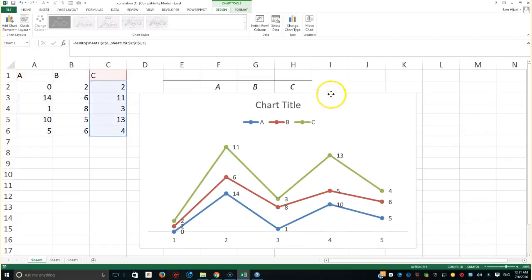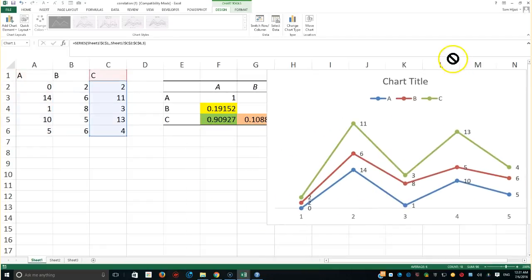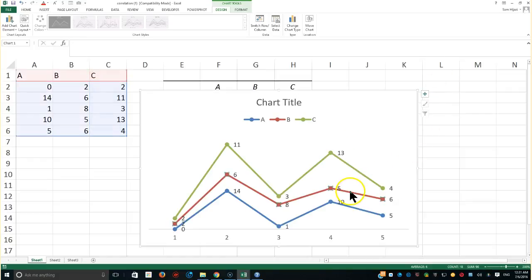However, A and B is very little. Notice also C and B, the red one and C, are not corresponding to each other either. That B is kind of flat, it's very flat in here.